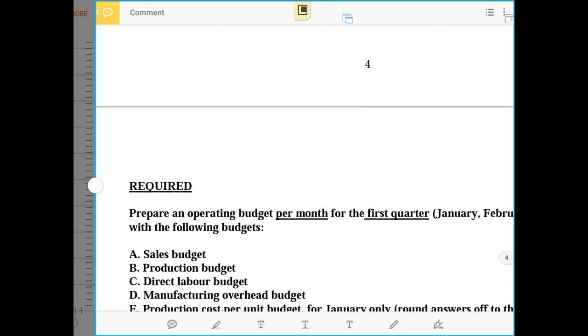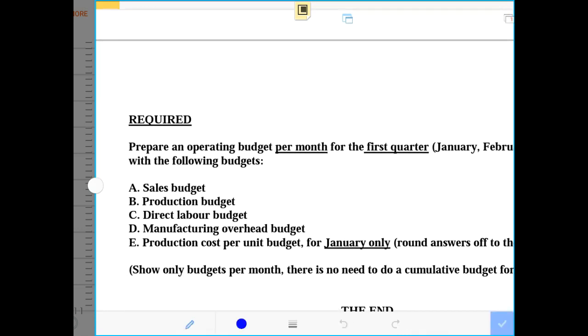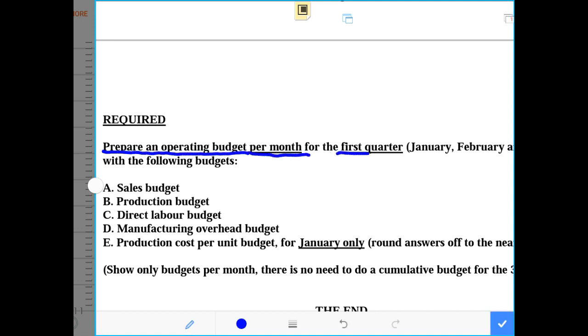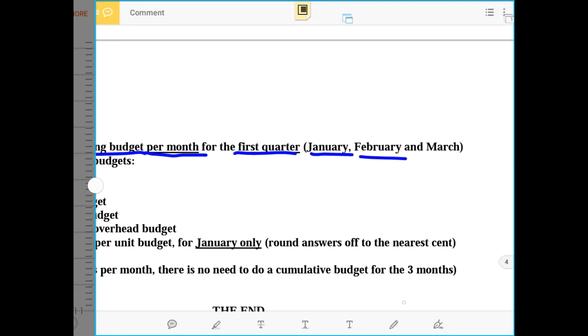So now we are given the requirements, and under the requirements they tell us what is required. They say we must prepare an operational budget per month for the first quarter, which is January, February, and the month of March. It is for a 3 months period.